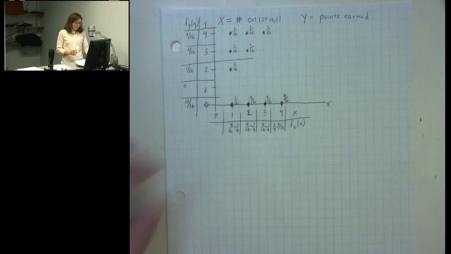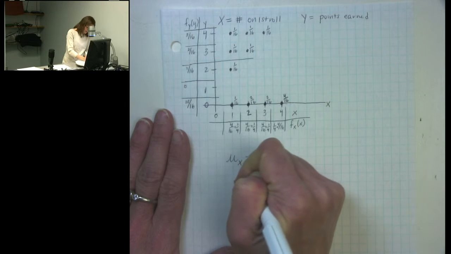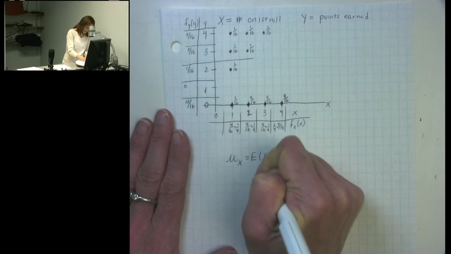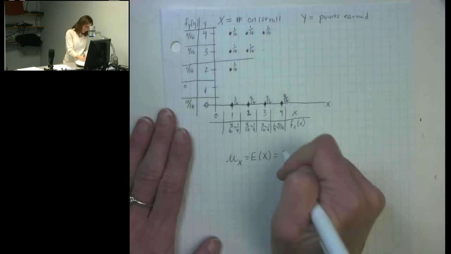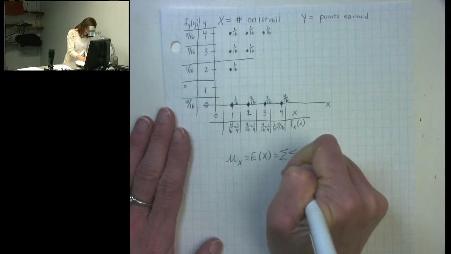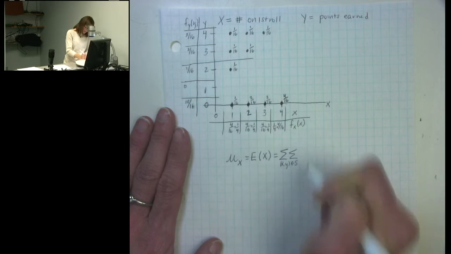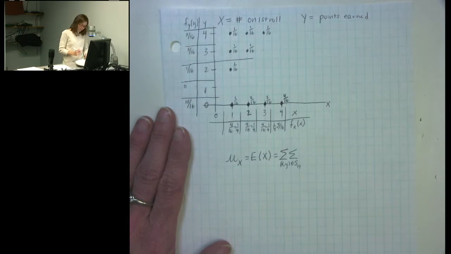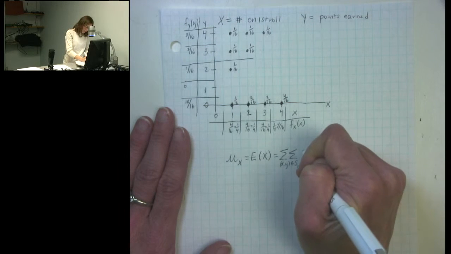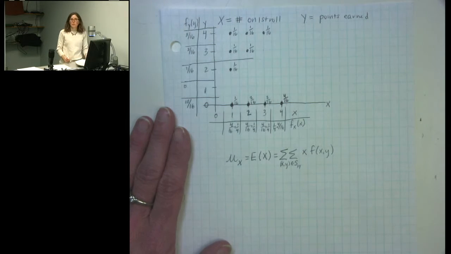And the next thing I want to do is find the means and the variances of x and y. If I want to find the mean of x, which is the expected value of x, there are two ways that I could do this. I could take all of my xy pairs that are in the support of this probability mass function for x and y, and multiply x times f of xy for all of those pairs.